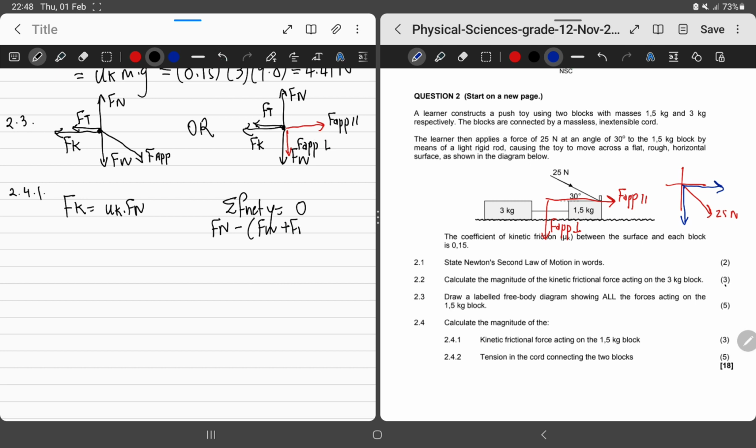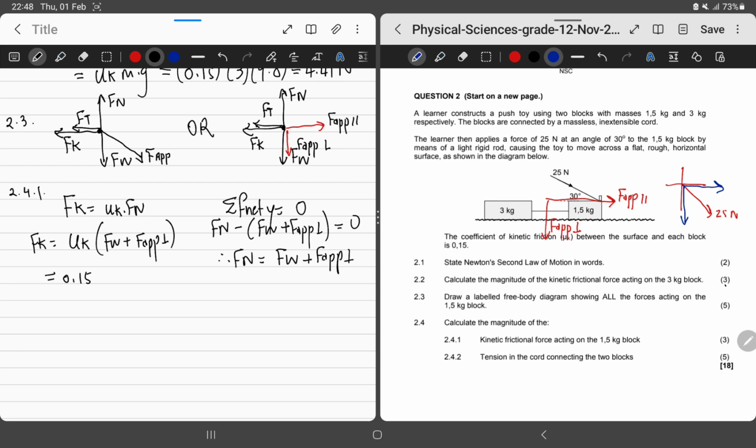So the normal force is equal to the force of weight plus F applied perpendicular. Now I can substitute: Fk is equal to μk multiplied by the force of weight plus F applied perpendicular.